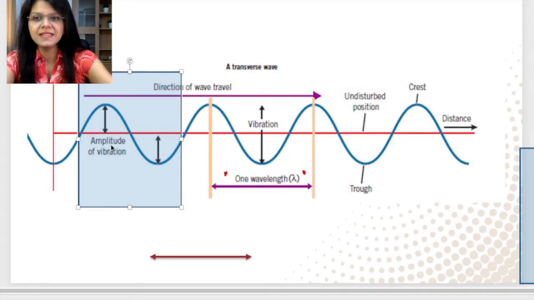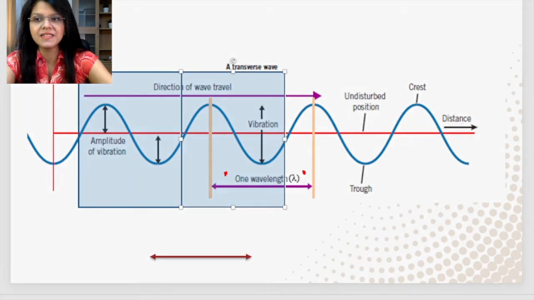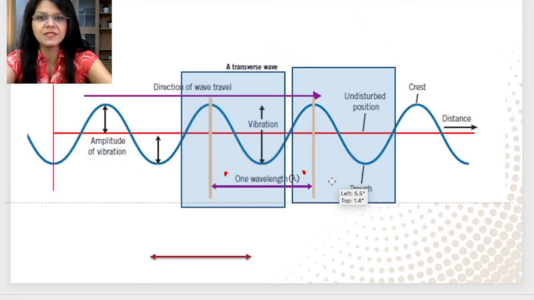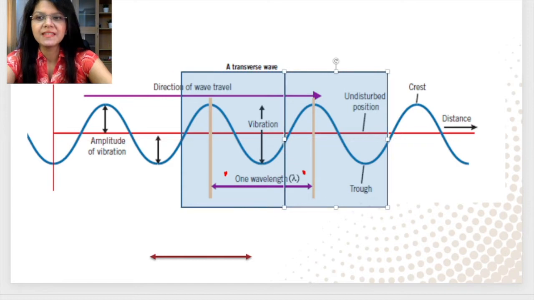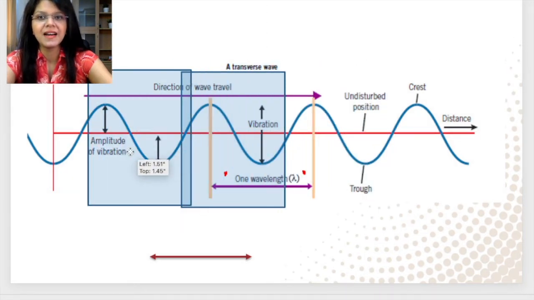The segment that is inside it is getting repeated in the next box, which is adjacent to it, right? Same pattern you see in the next box, and so on and so forth.